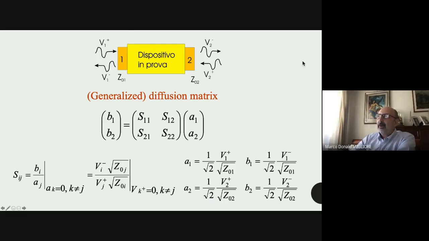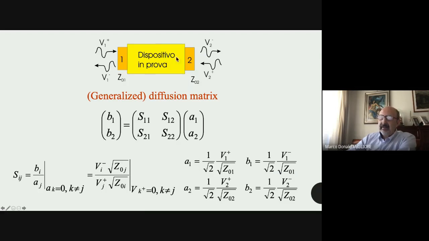This is a two-port microwave device, and we have the wave that enters into port 1 and the wave that goes out from port 1. On the other side, we have a wave that goes outside port 2 and a wave that goes inside port 2. And we generally have different input impedances.